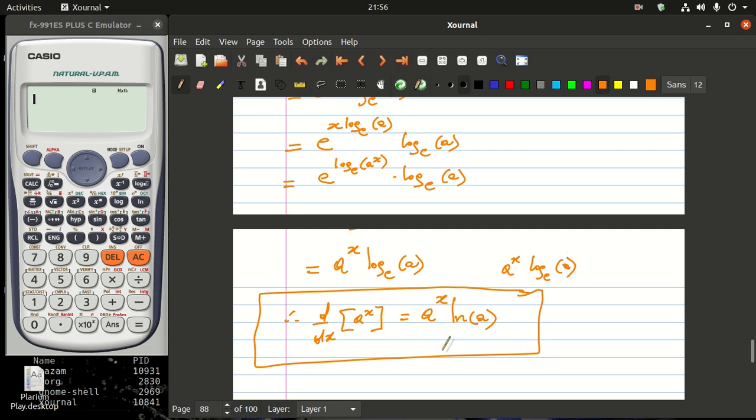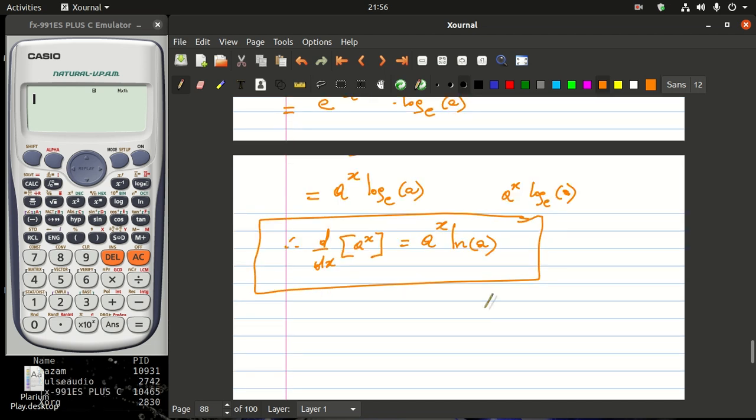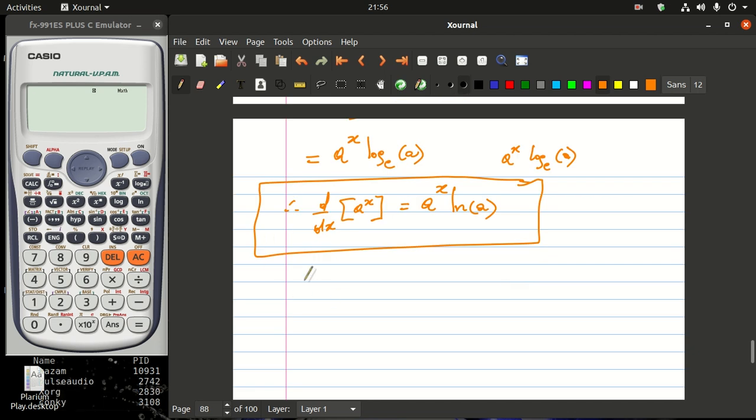And another thing that I want you to notice now is this thing here. If we were to change this and we're looking for the derivative with respect to x of, instead of a, I'm going to place in e to the power x, right? And now I'm going to use this formula here.